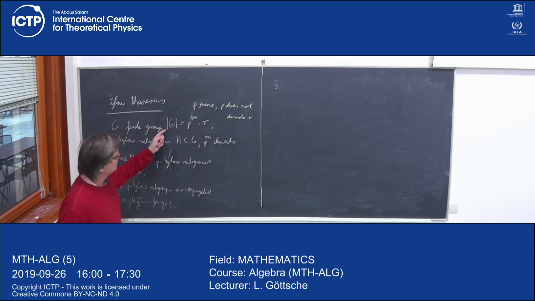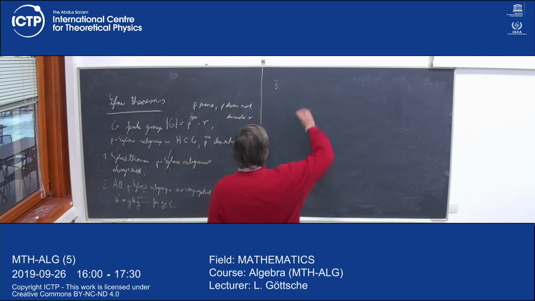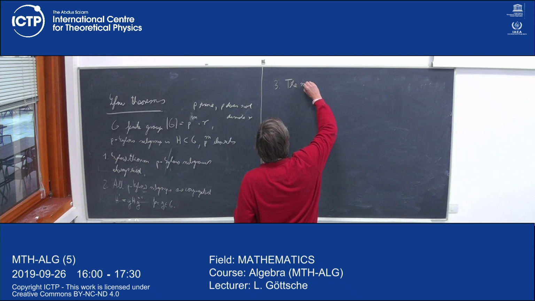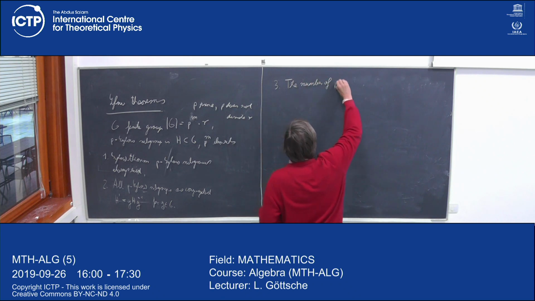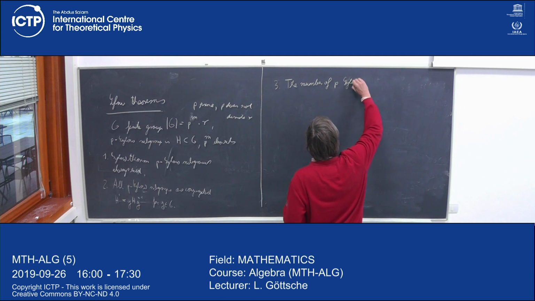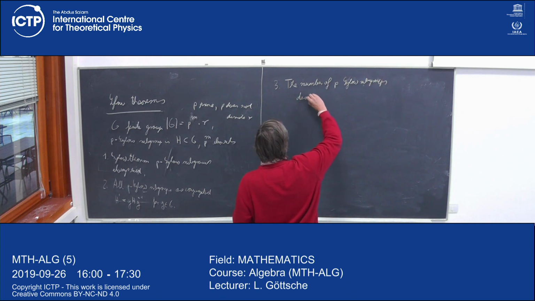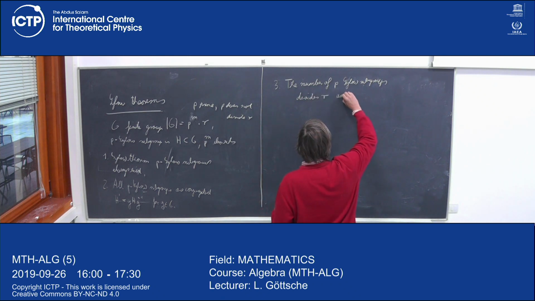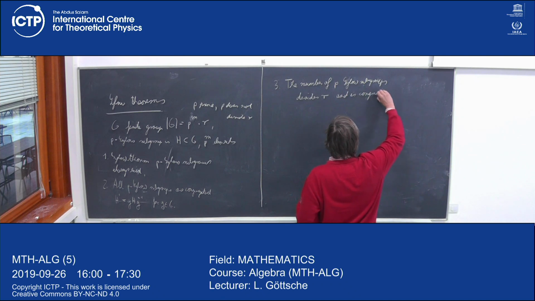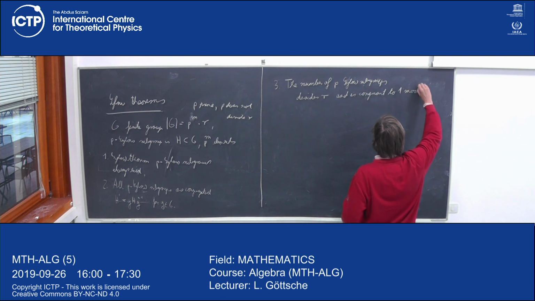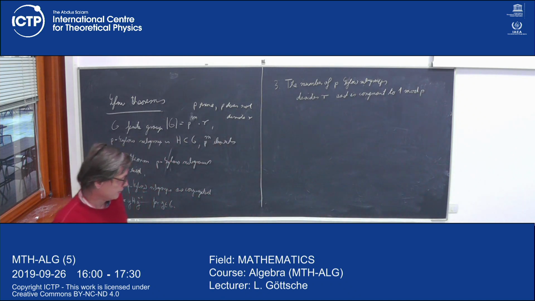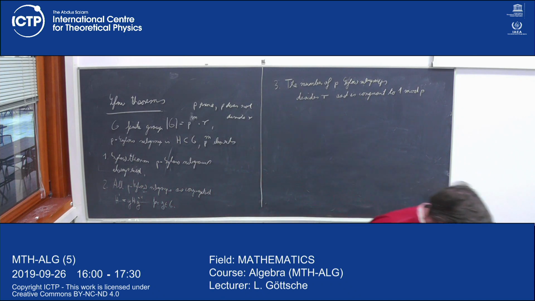Namely, if again I have that the number of elements of G is p to the n times r, p is a prime, and it does not divide r, then the number of p-Sylow subgroups, I hope it's right, divides r and is congruent to 1 modulo p.